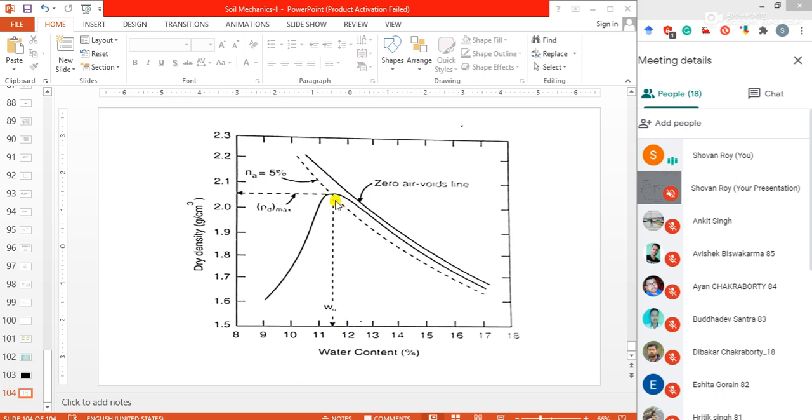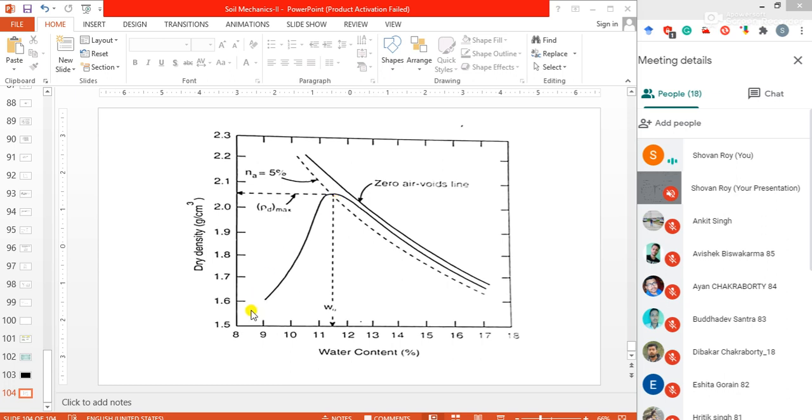When we perform this standard Proctor test, along with this test we can also find out the zero air voids line. Okay, so the zero air voids line is another parameter we can calculate in the same test.